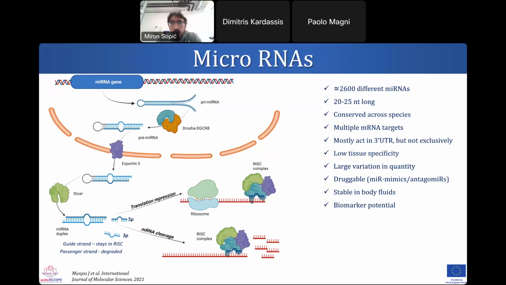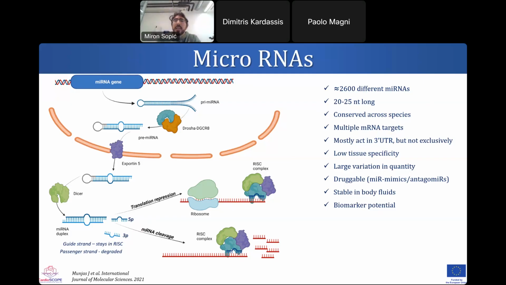These types of RNAs are very well conserved across species. So if you compare the sequences of microRNAs and their function, to that matter, in organisms like, I don't know, mice and rats, and then try to translate this to humans, you will see that the sequences are very conserved.